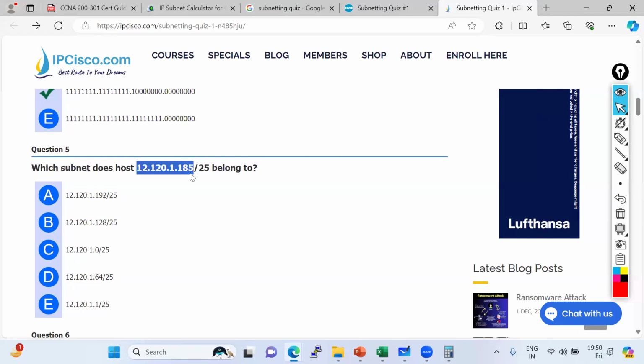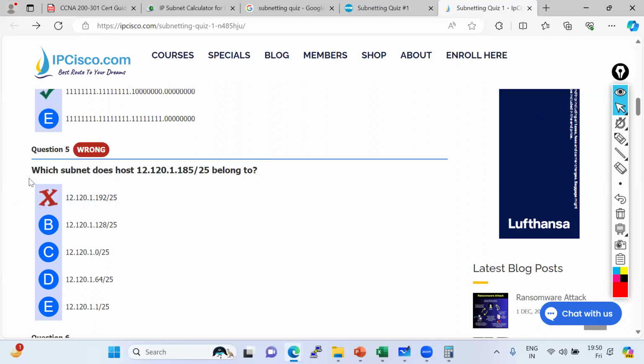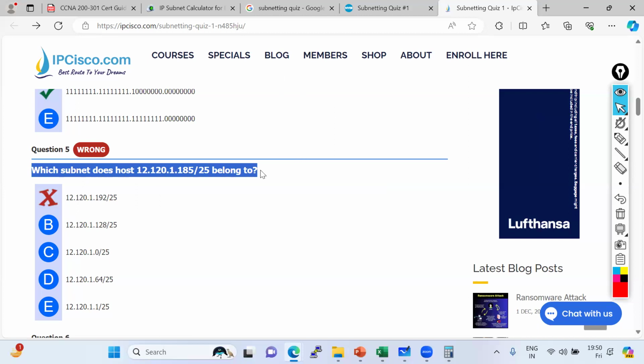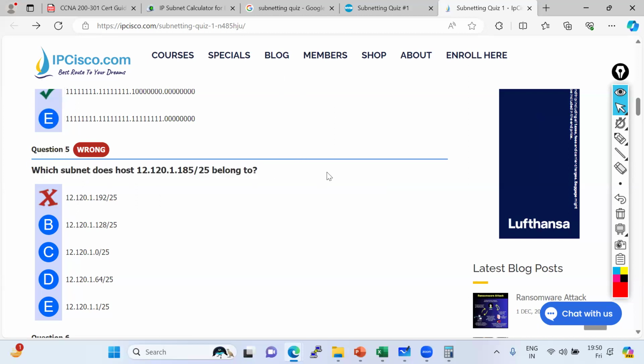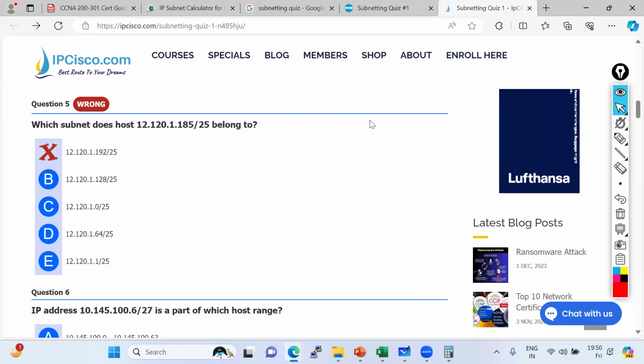And can you just tell me which subnet this IP address belongs to? Which subnet does it belong to? Yes, this you should know. 185, 12.120.1/25.